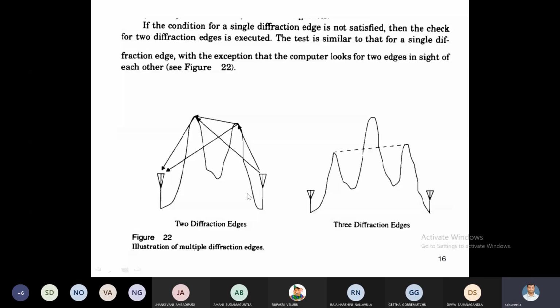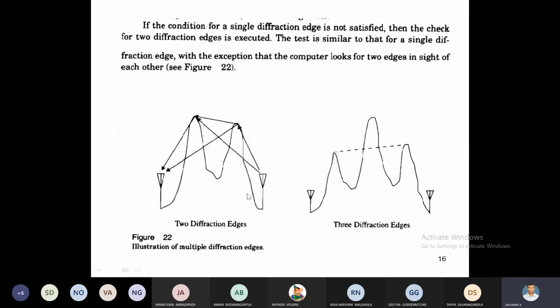Next, Durkin's model. This Durkin's model is very attractive compared to the Longley and Rice model. Why? Because it is a digital version and easily calculates the path loss. But the main disadvantage of Durkin's model is that it cannot adequately predict propagation effects due to foliage, buildings and other man-made structures.